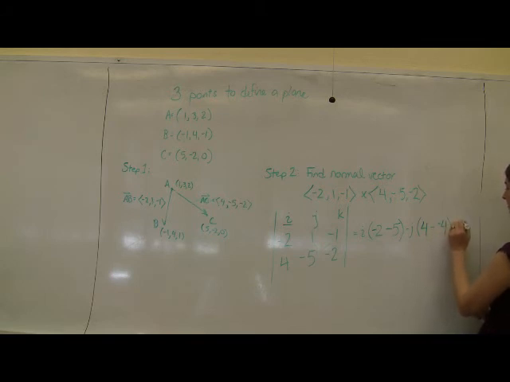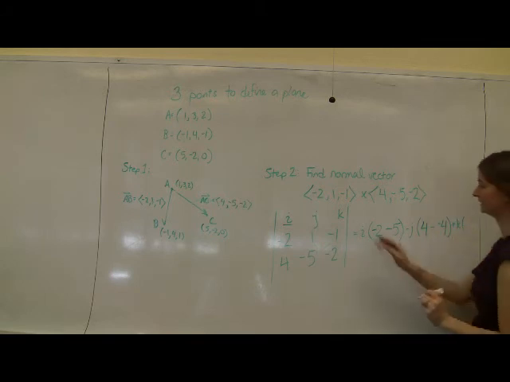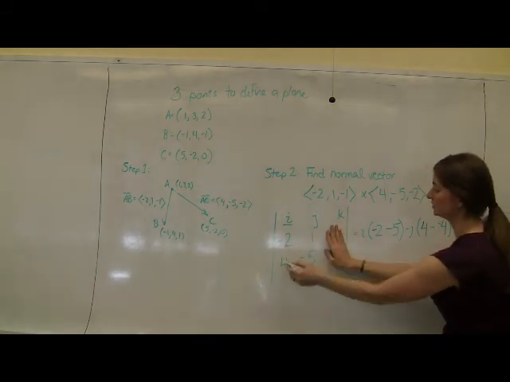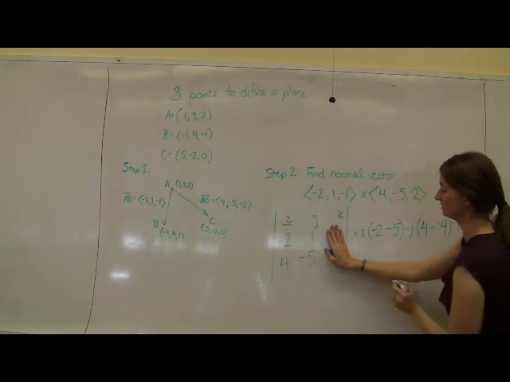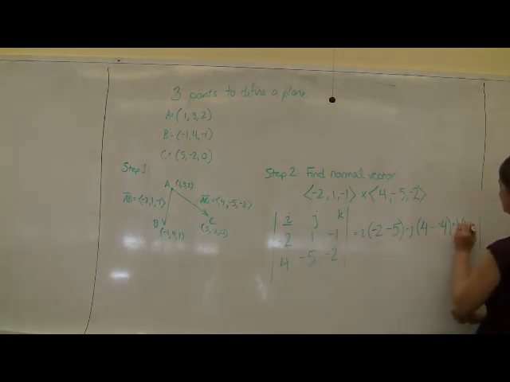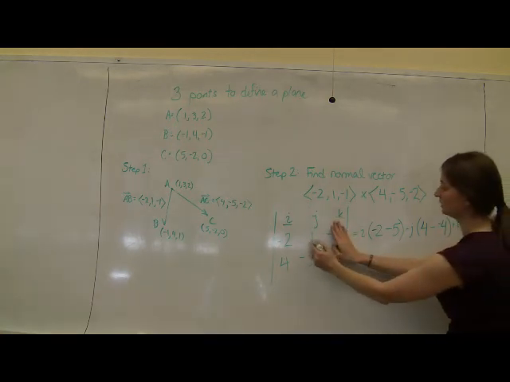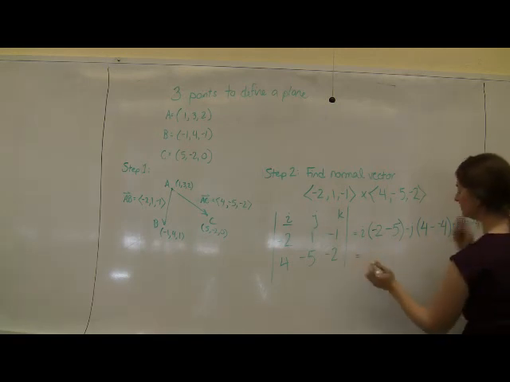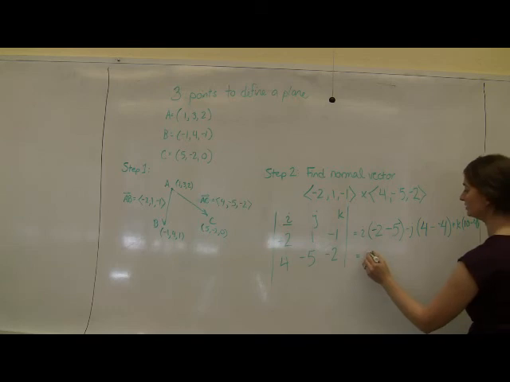plus our final component k is going to be the determinant of this 2 by 2 matrix, which is negative 2 times negative 5, which is positive 10, minus 1 times 4, which is 4. Let's simplify our arithmetic, and we see that the i component of our vector is going to be negative 7.